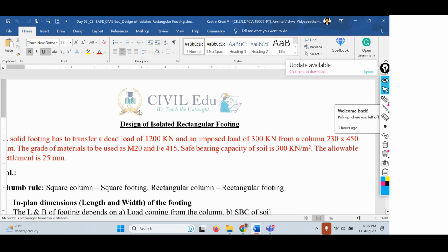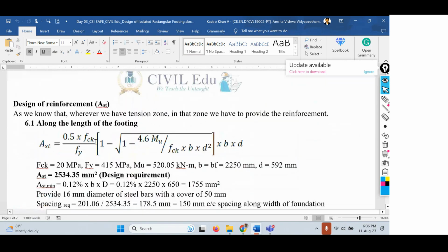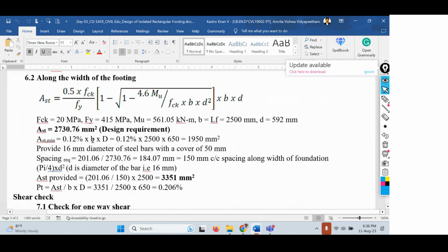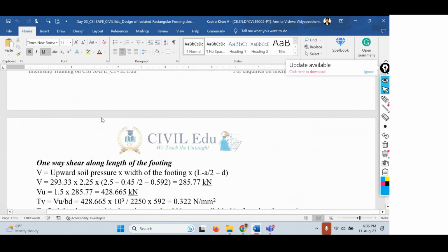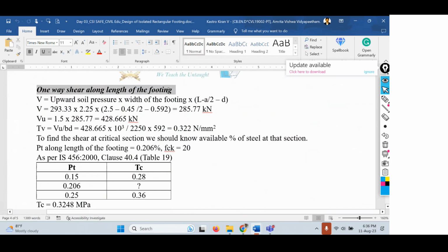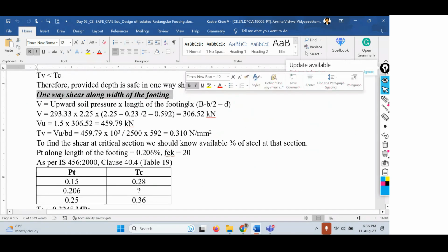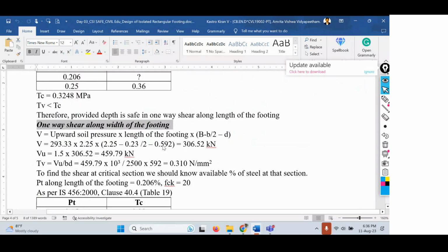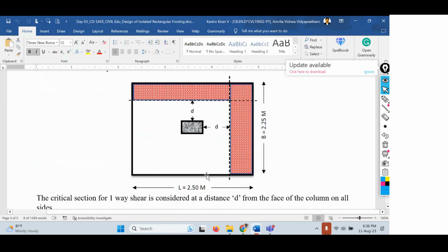Because in rectangular footings, the length and width of the footings are different. Here we have calculated the one-way shear along the length of the footing and along the width of the footing. Since it's a rectangular footing, the dimensions change and the value of d changes.